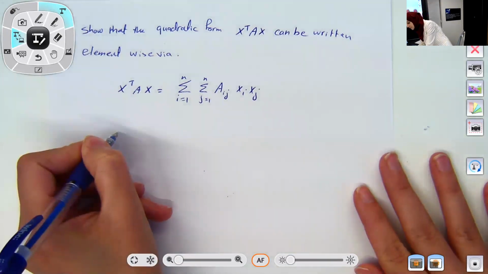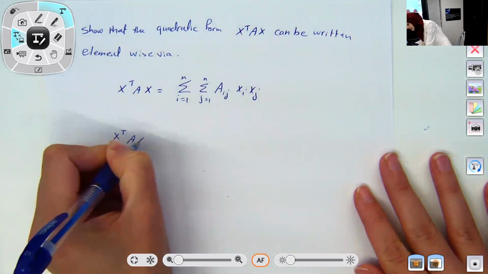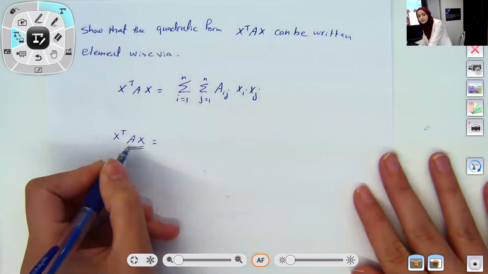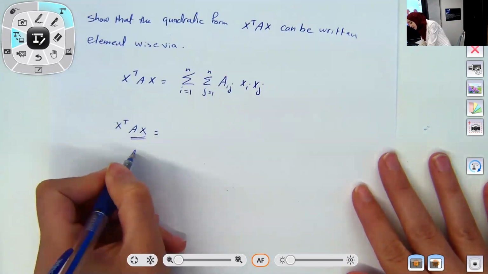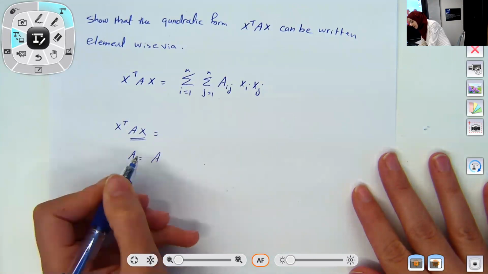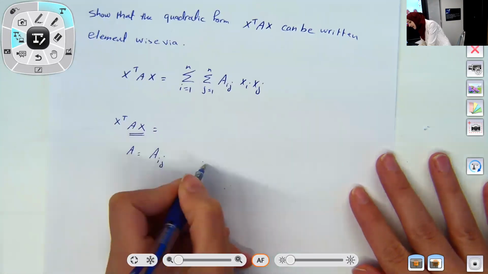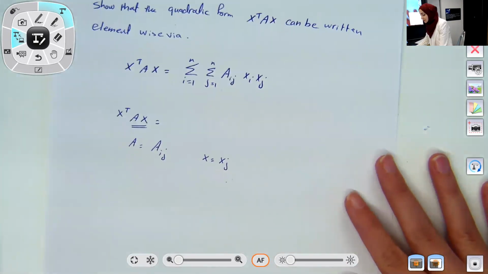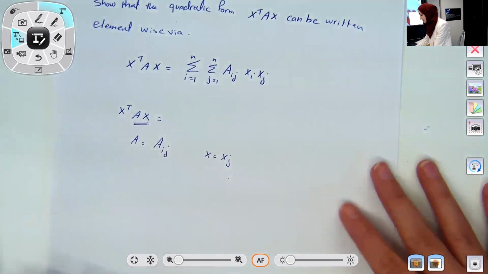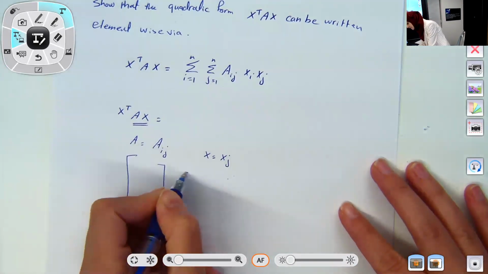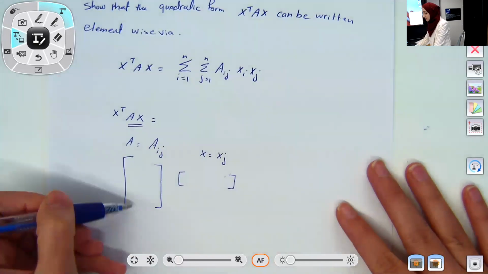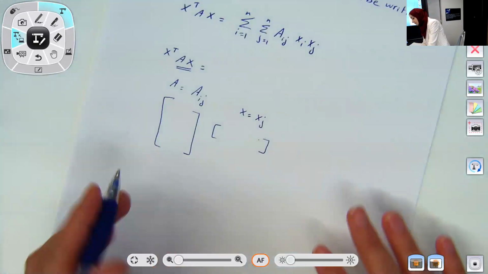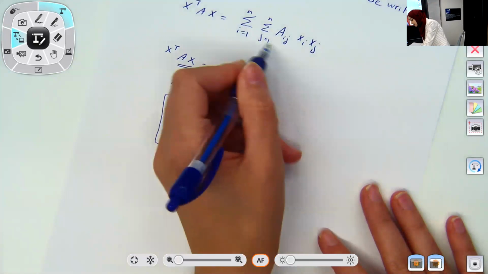We know that if we have x transpose A x, we need to write this in another formula. Let's try to write A times x. If we have a matrix A with entries A_ij, and we have x, which is a vector with different numbers, call it x_j.